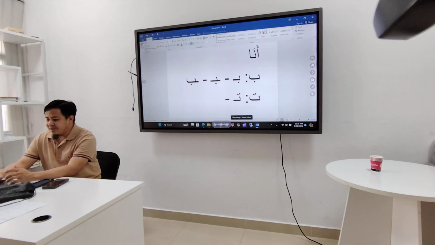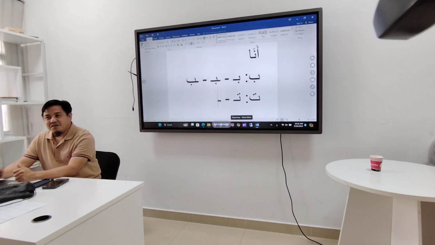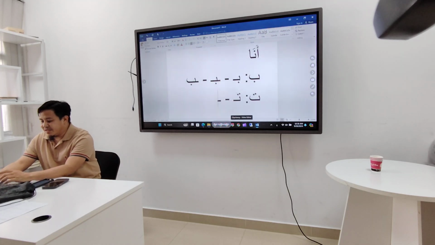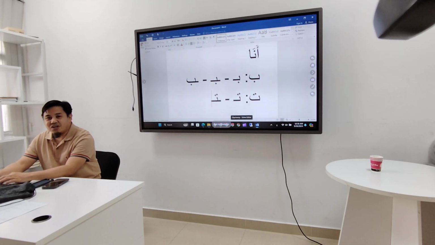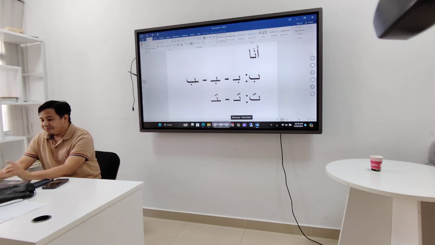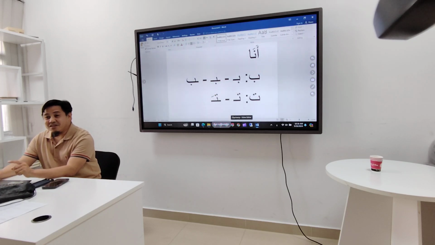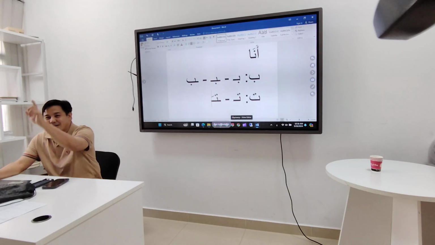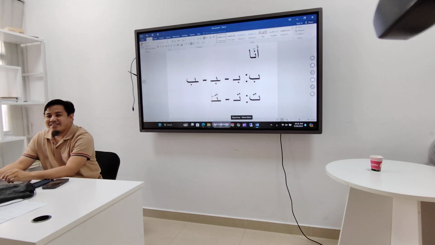When ta is in the middle, there is a connector from the previous letter, then the ta in the middle, then a connector to be connected to the next letter. I want to apply ta, fatha, ta. On the computer, the fatha goes on the top of the ta.